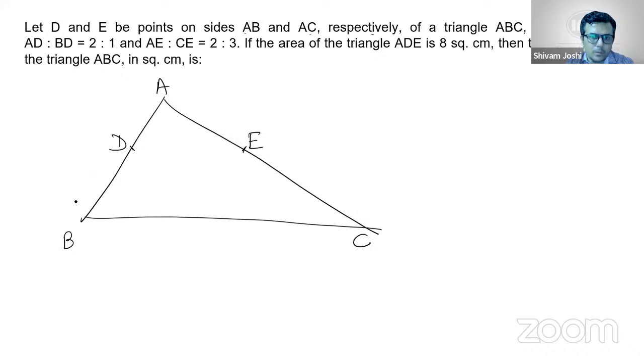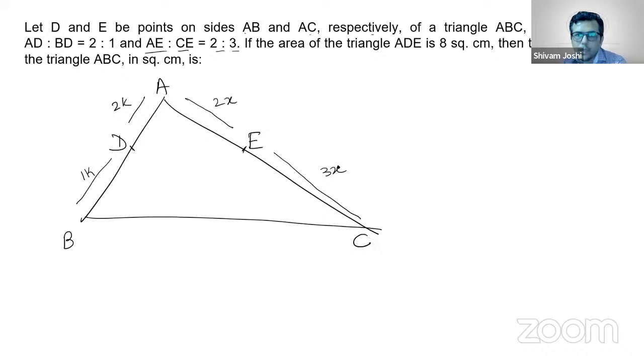AD is to BD, this is 2:1, so you can take it as 2K and 1K. AE is to CE is 2:3. Take this as 2x and 3x.